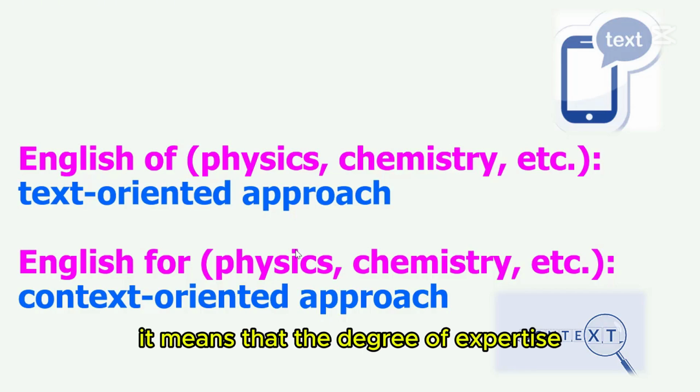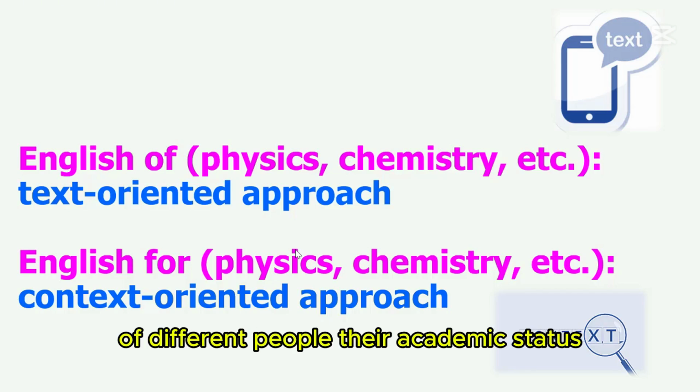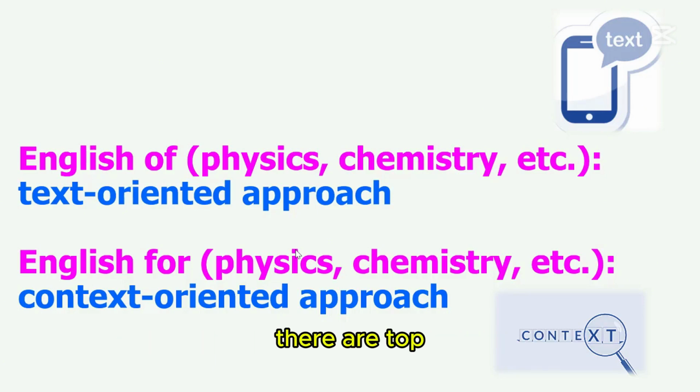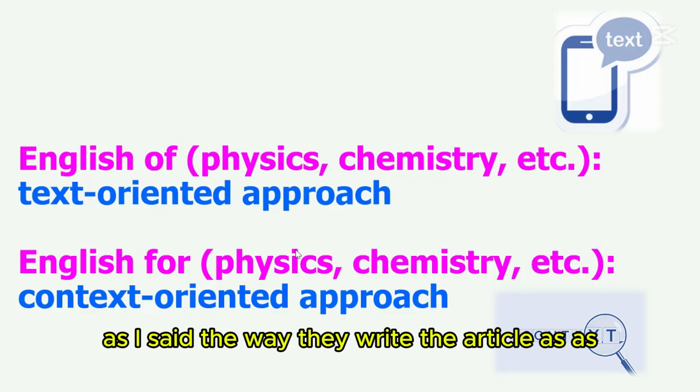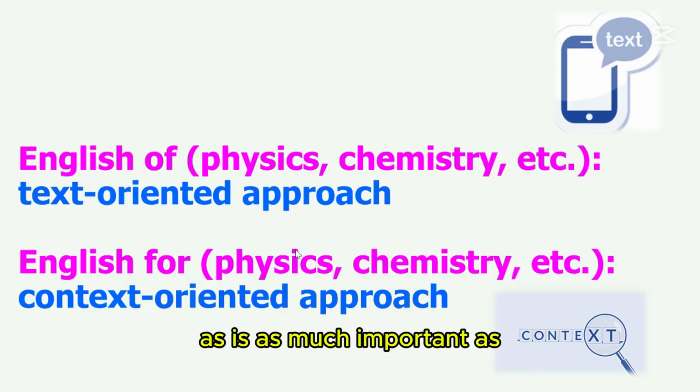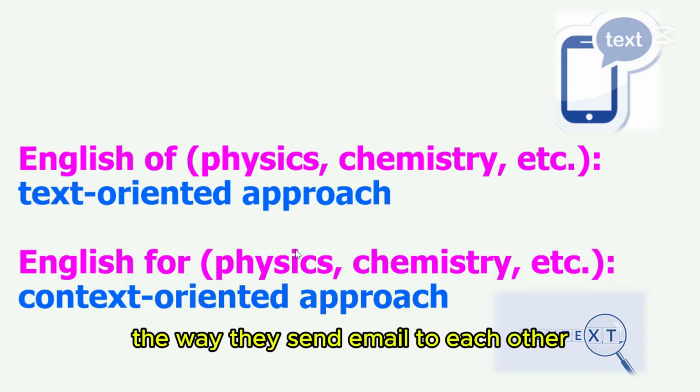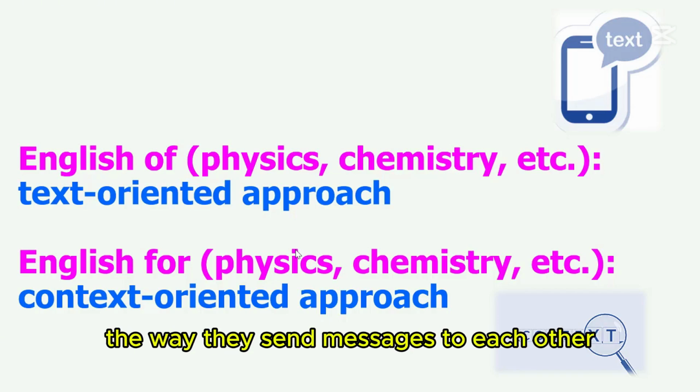It means that the degree of expertise of different people, their academic status, and the textual and non-textual norms that exist matter. As I said, the way they write the article is as important as the way they talk to each other, the way they send emails and messages to each other.